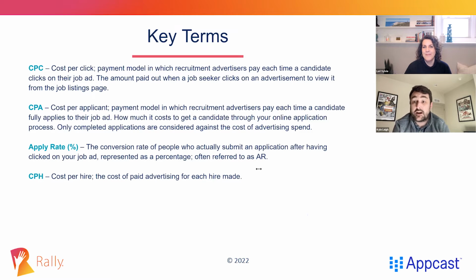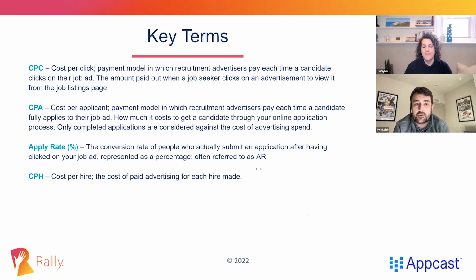CPA is cost per applicant. So this is just the cost of how much it takes in terms of advertising spend to receive a completed application inside of your ATS, your CRM, landing page, what have you. Apply rate is how many clicks to a job it takes for someone to convert to an application.